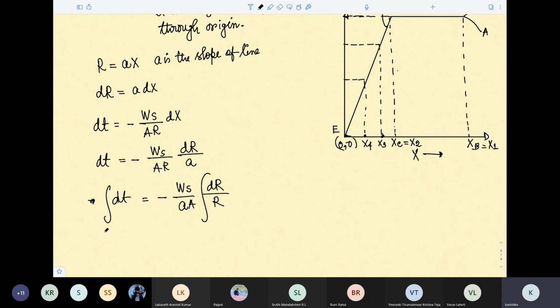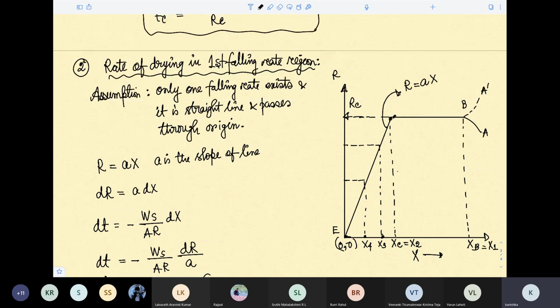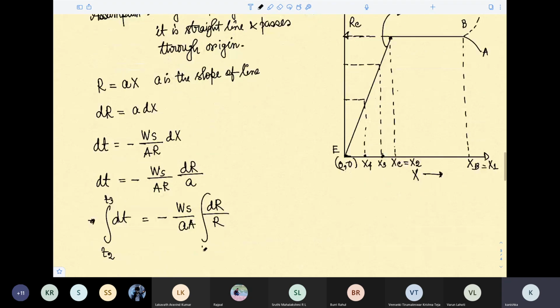Okay. So let's say this is coming from T2 to some point T3. And it is starting at RC actually. So if I take from RC to some point R3, so let's say this is the R3.